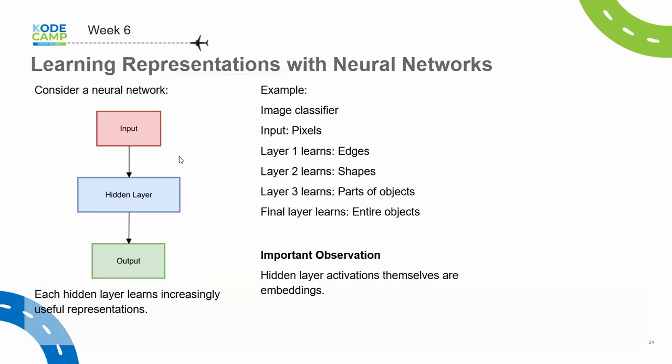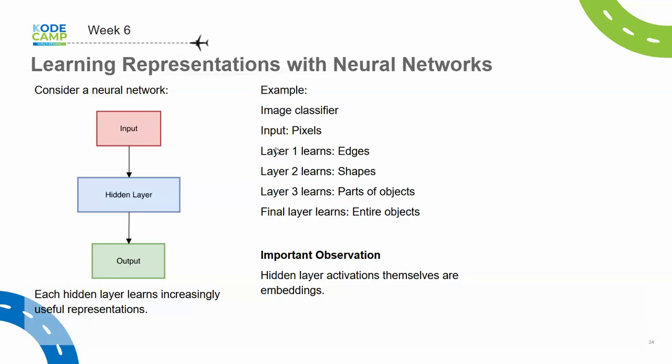A good example is that if you take an image classifier, the input that you're passing is the pixels. Again, remember everything has to be converted to numbers. Images are represented as pixels. Those pixels are basically numbers that represent the color, intensity, and saturation and all of that. We'll talk more about that later.